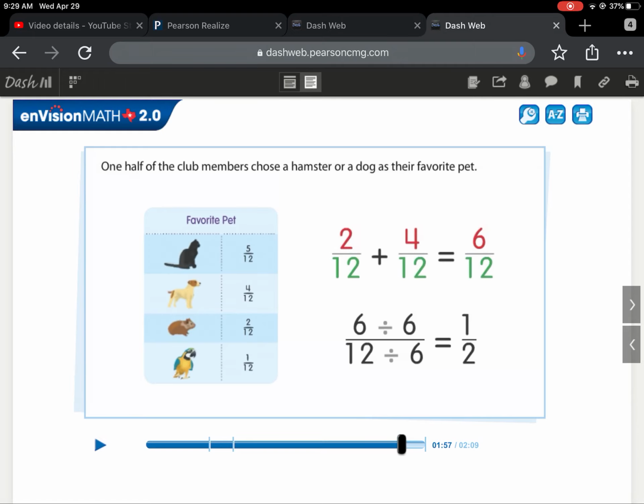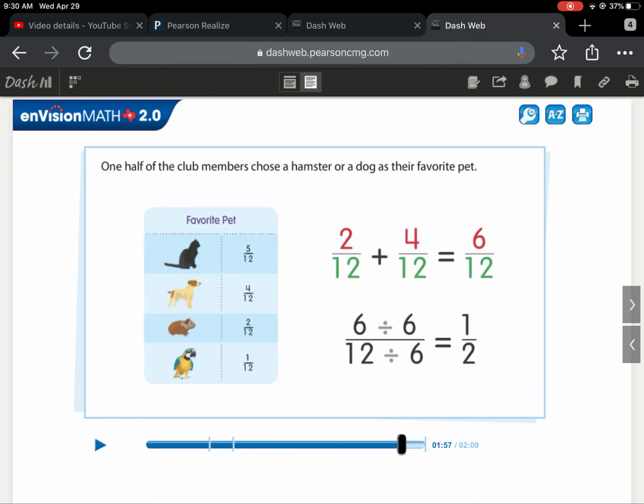When they're talking about simplest form, they are talking about smallest form. Is it written in the smallest form possible? Now, if you notice 6 12ths, you should remember that when the numerator is half of the denominator, that simpler form will always be 1/2.